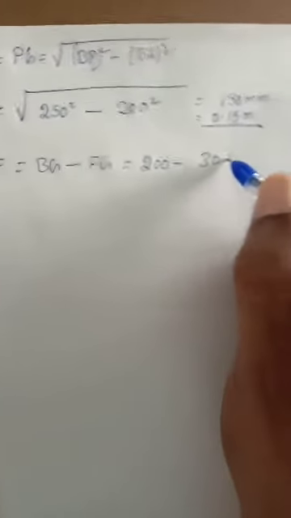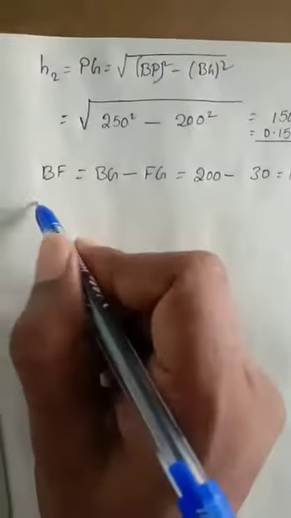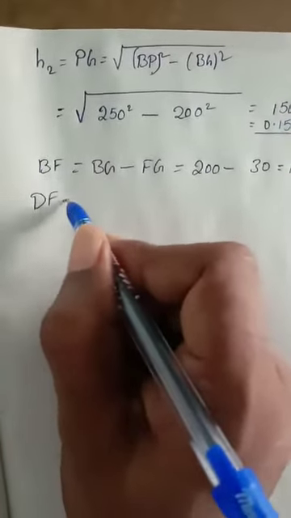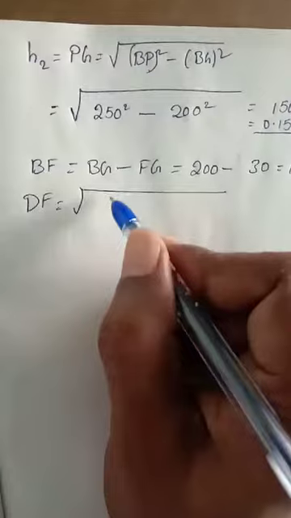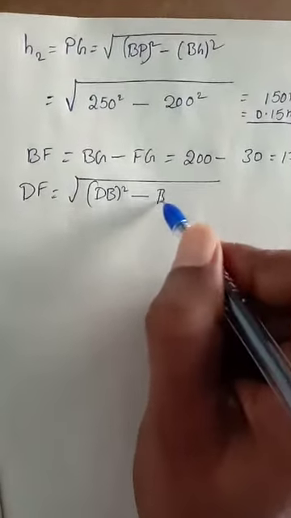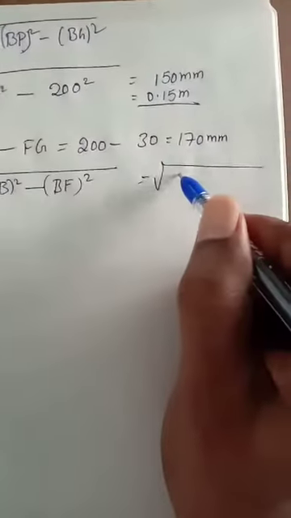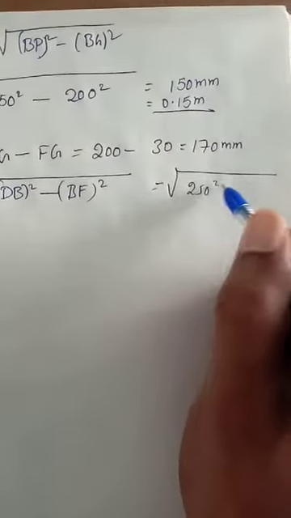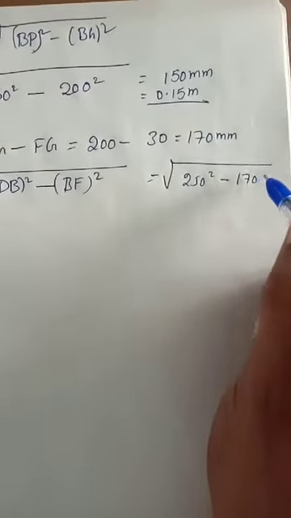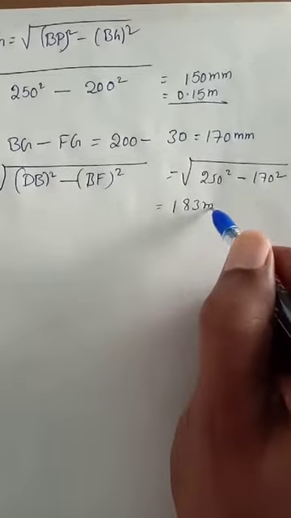So 200 minus 30, that is equal to 170 mm. And now here DF is equal to whole root of DB whole square minus BF whole square. Then substitute these values: 250 whole square minus 170 whole square, and then we get 183 mm.